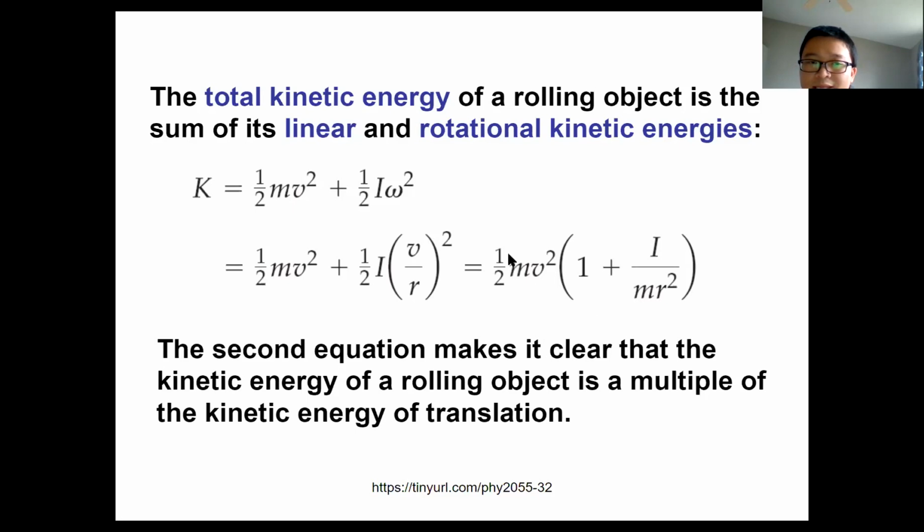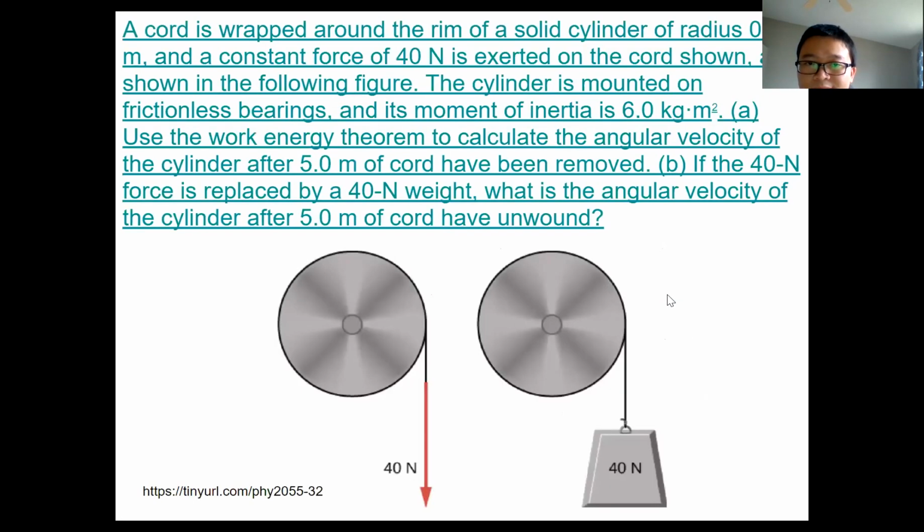Then you can rewrite the total kinetic energy as a multiple of the linear kinetic energy. Okay, so linear kinetic energy multiplied by 1 plus the moment of inertia of the object divided by mr squared. All right, so we'll start with another exercise over here.